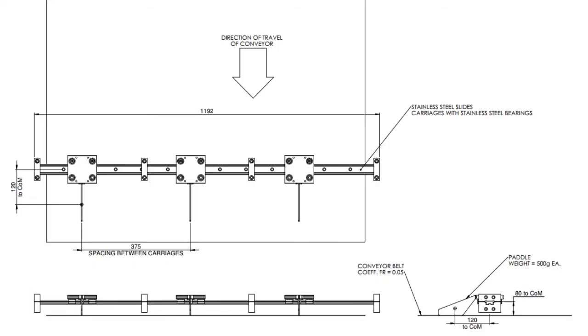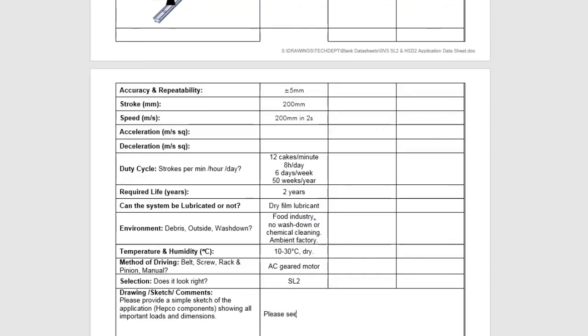Here is a simple illustration of the application, showing a couple of views of the layout and giving key dimensions and information. As you can see, it's possible to clearly and concisely convey the idea with a simple image. On the datasheet, you can add any comments you think might supplement this information.